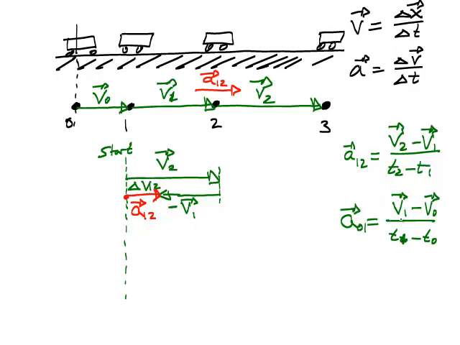The first one that happens is v1, so I'm going to draw v1, which is approximately this long. And then I want to subtract v0. So v0 is pointing to the right, so I need to draw an arrow to the left. And that's about this long. Actually, it's a little too long. Let me shorten that. There we go. Negative v0 because it's pointing to the left.